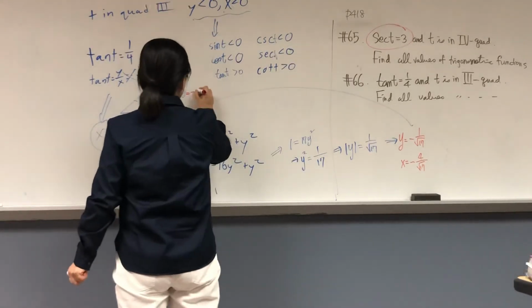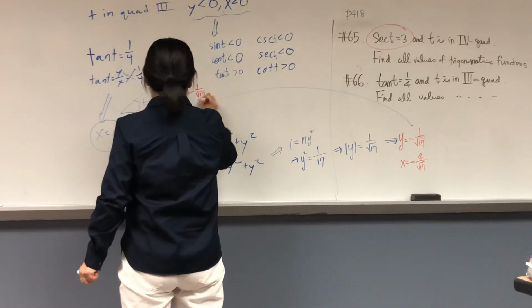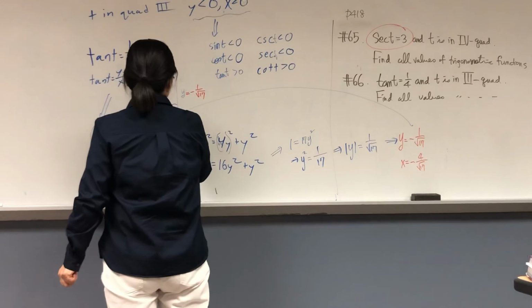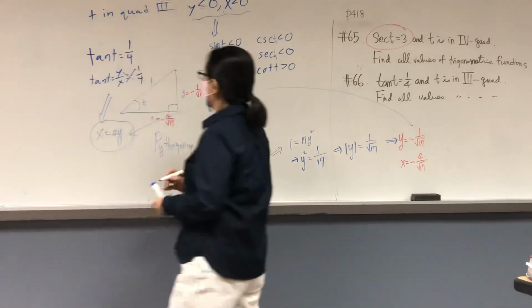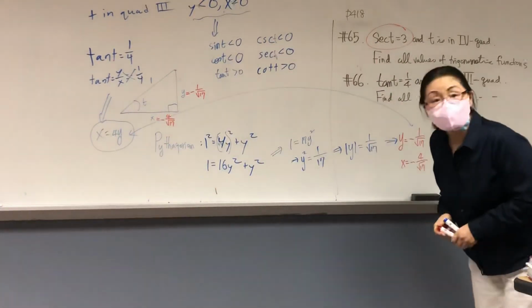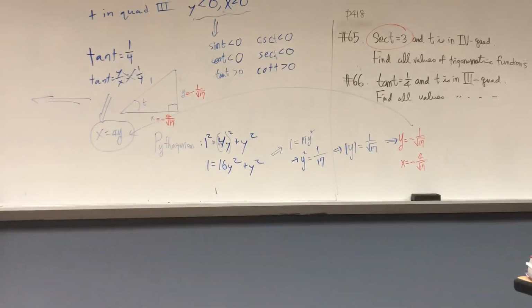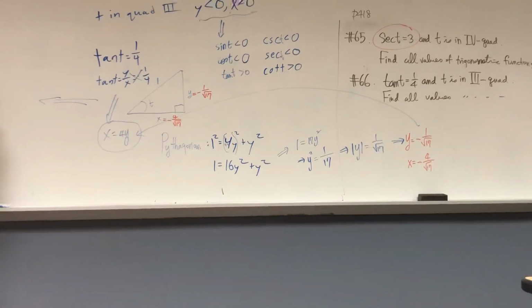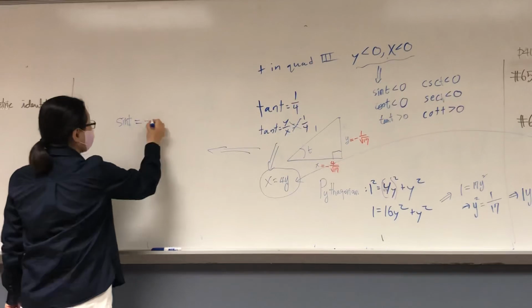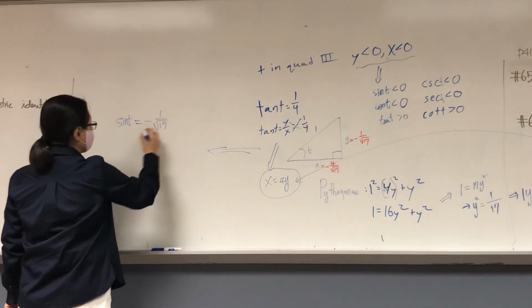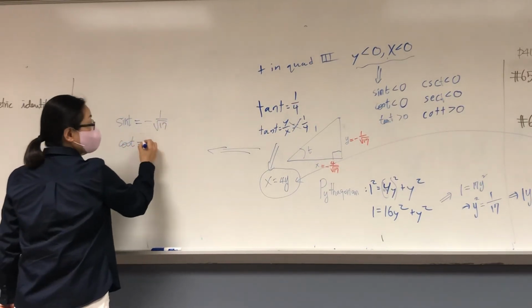Am I right? Yes. And then using this diagram, what is your value of sine t? Negative 1 over square root of 17. What is cosine t? Negative 4 over root 17.